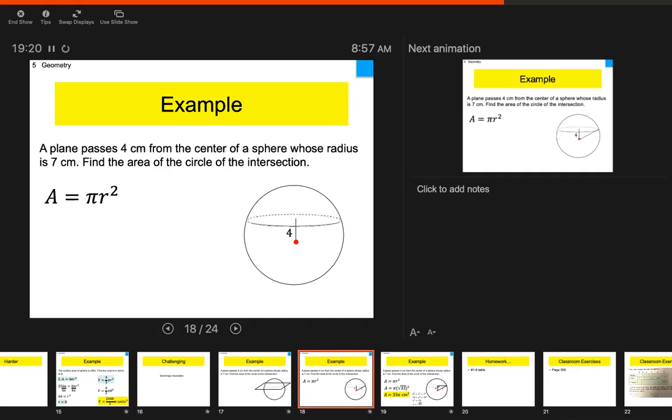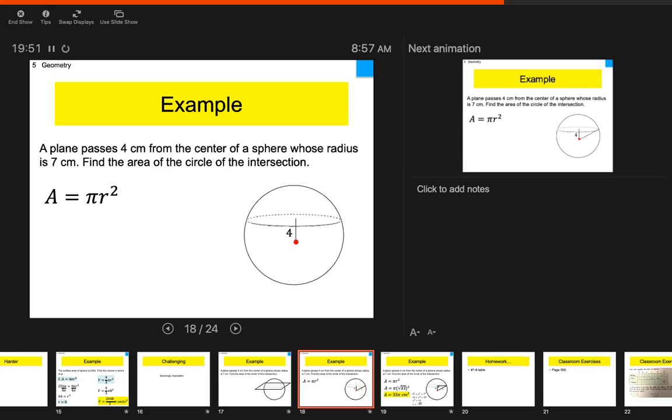There's my 4. There's only one other bit of information right there, and it says that the circle that is formed between the sphere and the plane. That's the circle indicated right there. I'm sorry, that's wrong. It's that the sphere has a radius of 7. It's not the circle, it's the sphere. So the sphere has a radius of 7. Now remember, from the red dot right there to any point on the sphere, well, that's equal to 7 because that's the radius of the sphere, 7 centimeters.